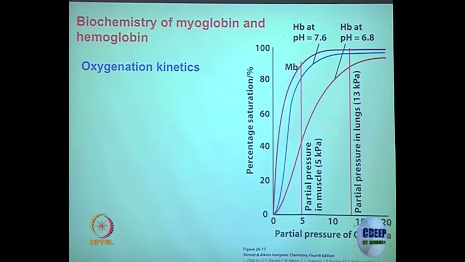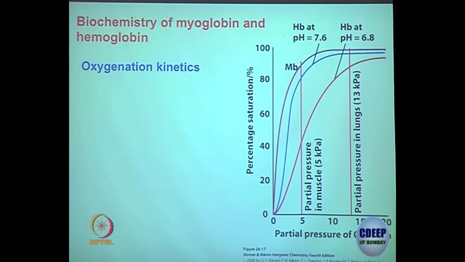And there is also pH, something like 6.8, a lower pH. This is the pH curve. With respect to pH, hemoglobin oxygen uptake is shown here. At higher pH, oxygen uptake is shown there.